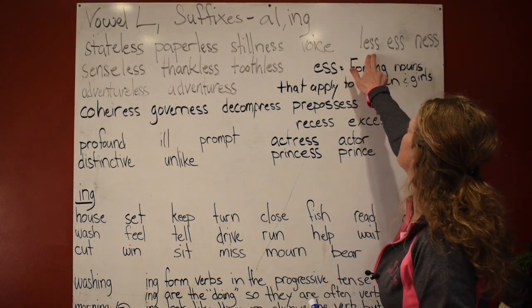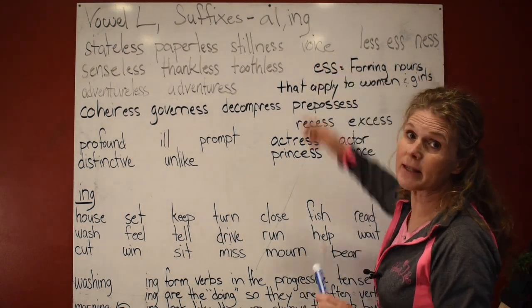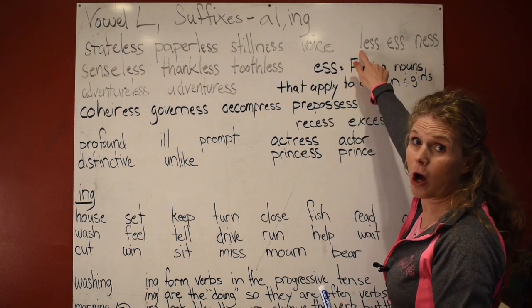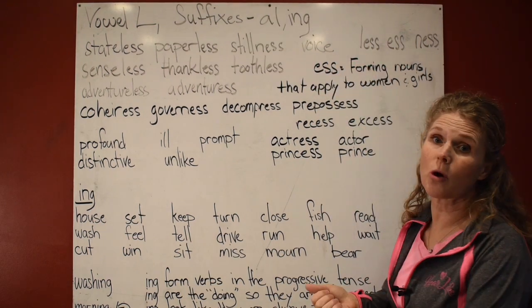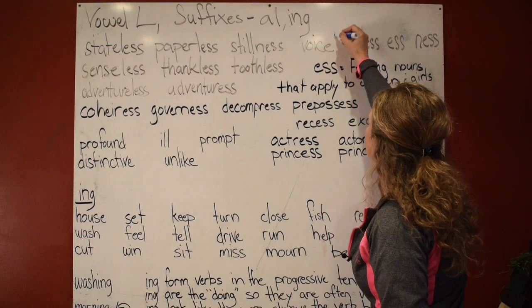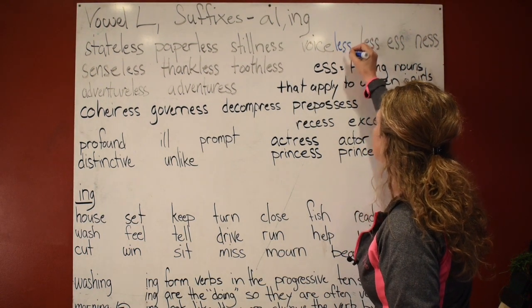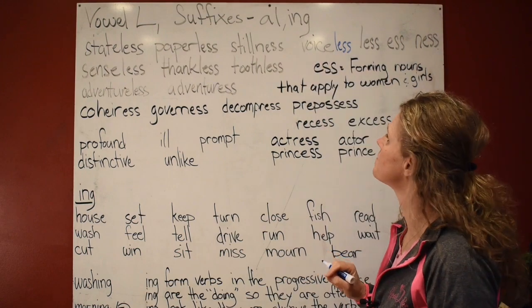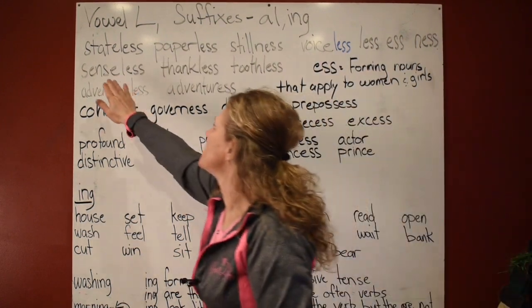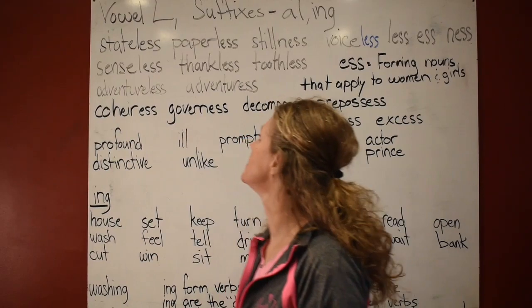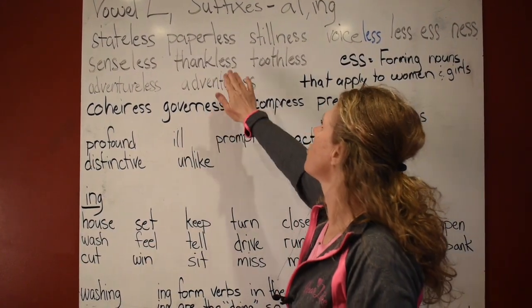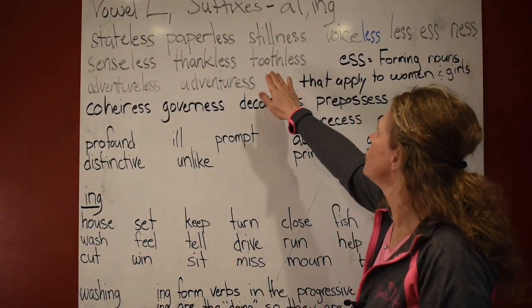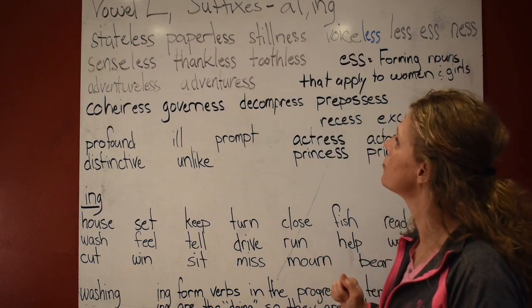But we're going to look here, we have a silent E, but we're adding on a consonant suffix, so we do not drop our E. We just add on our suffix, all right? Voiceless, without a voice. Now we have senseless, without sense. Thankless, without thank. Toothless, without a tooth.